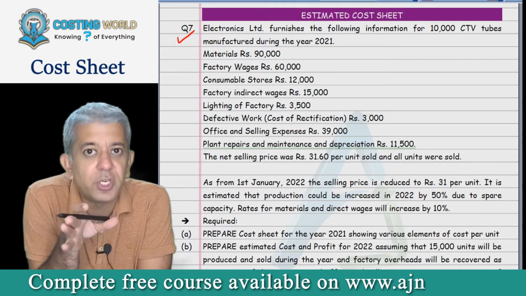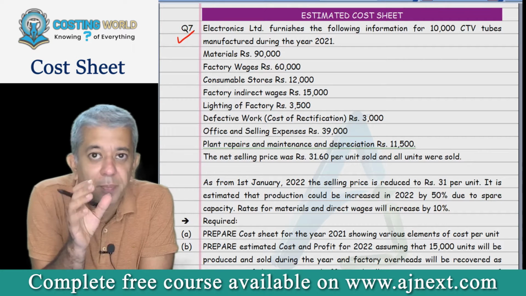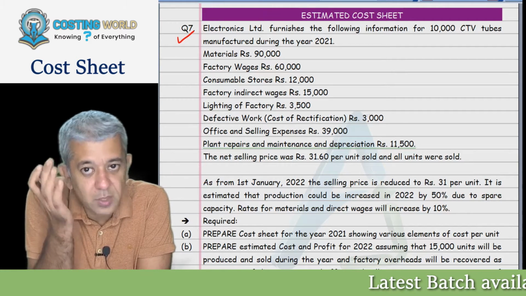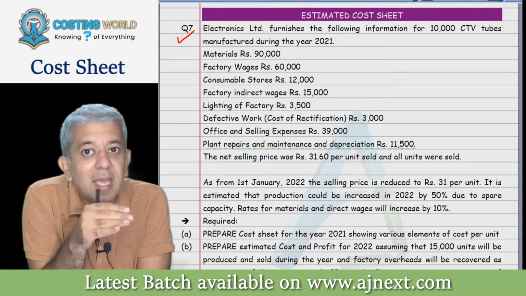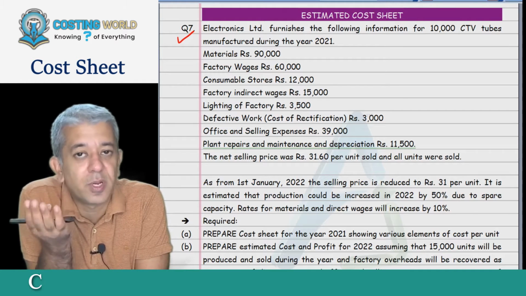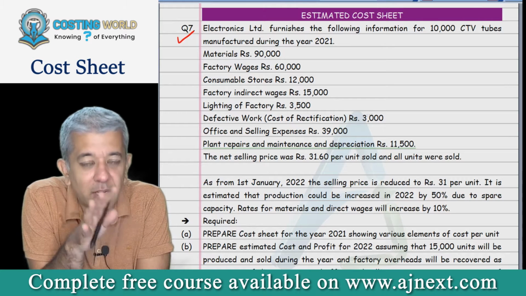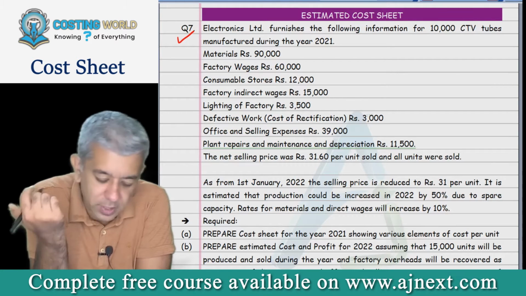They'll give you the cost sheet of 1 year. They'll give you some data about whatever will happen in the next year. So based upon the data of this year and the estimated changes for the next year, you have to make an estimated cost sheet. So you're going to make one actual cost sheet for 1 year and one estimated cost sheet for the next year.